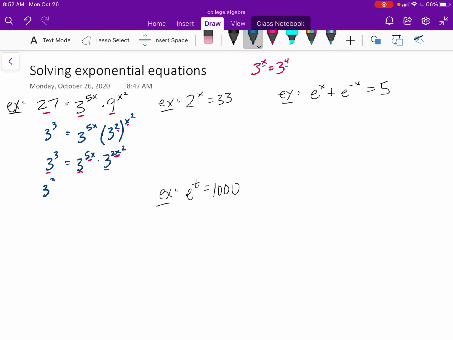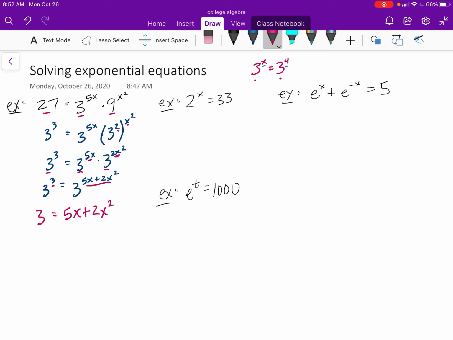So this becomes 3 to the 5x plus 2x squared. Now going back to that original idea, once we have two bases the same, the exponents are equal. So I know that this has to equal this, right? 3 has to equal 5x plus 2x squared.